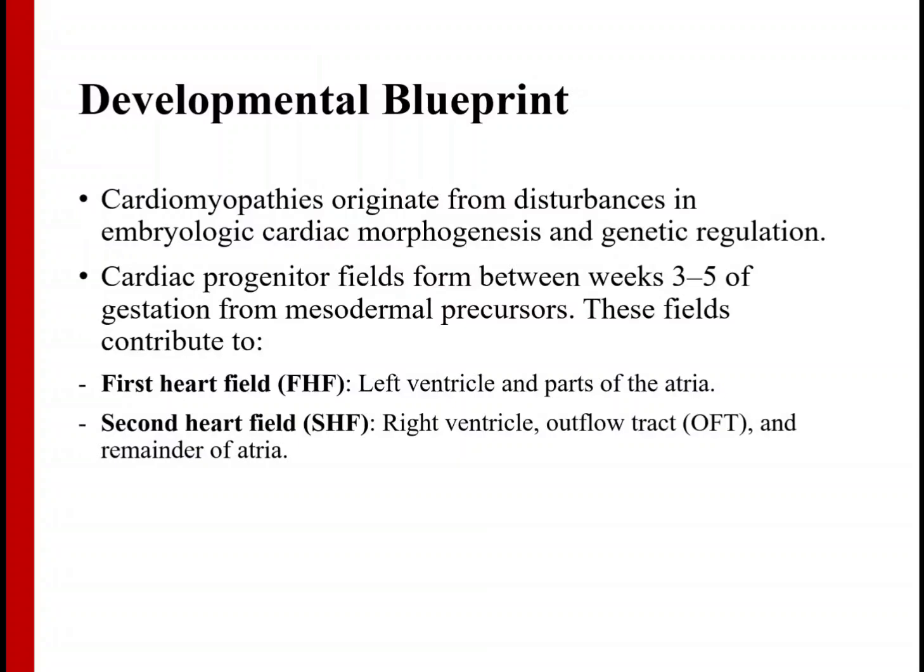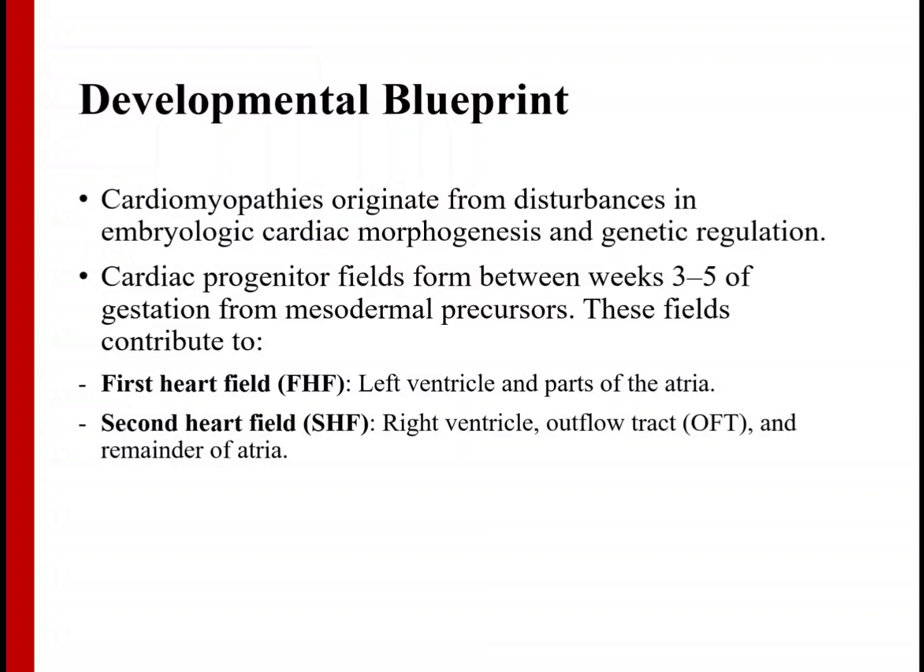the embryologic origins of the myocardium are important to discuss. Why? Because many cardiomyopathies are not acquired diseases, they are developmental miswiring that only manifests years later. The heart originates from mesodermal precursors organized into two cardiac progenitor fields: the first heart field, also known as FHF, and the second heart field.